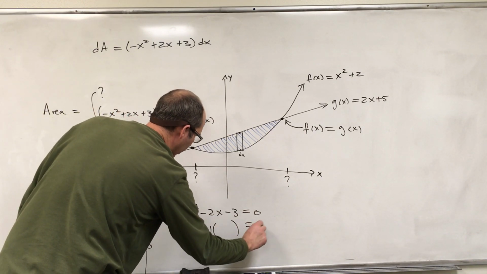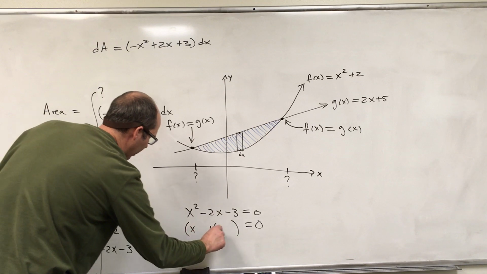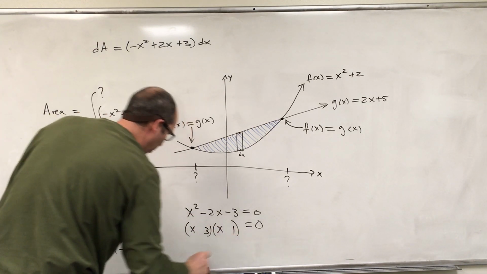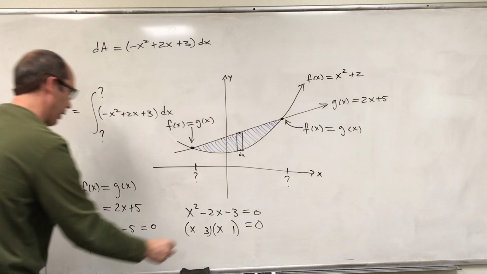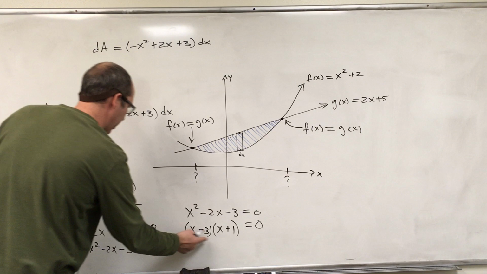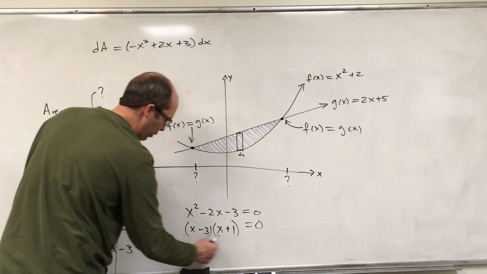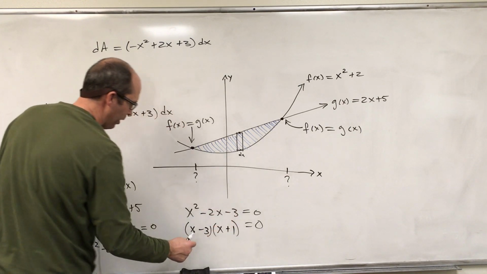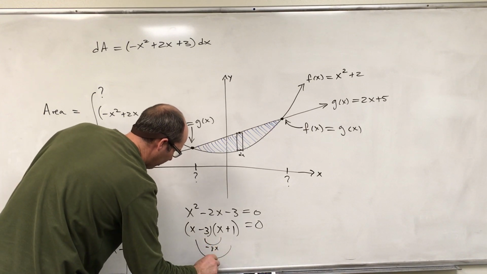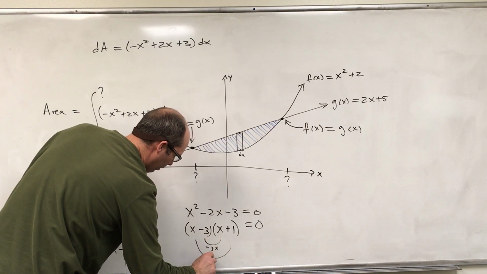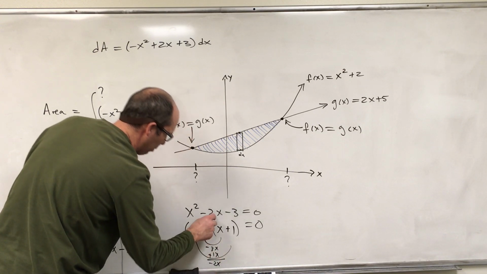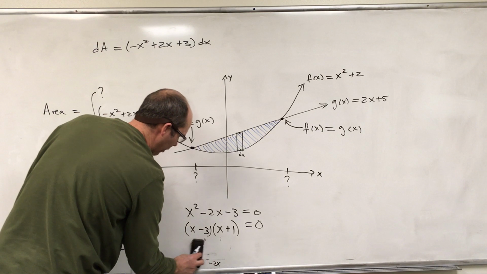We've got x and x. Let's do 3 and 1. We need a negative there, and a positive there. Just check your work. x times x is x squared. Negative 3 times positive 1 is negative 3. We've got a negative 3x, positive 1x. When you add those together, you get a negative 2x, which is what we had. So that looks like it works.